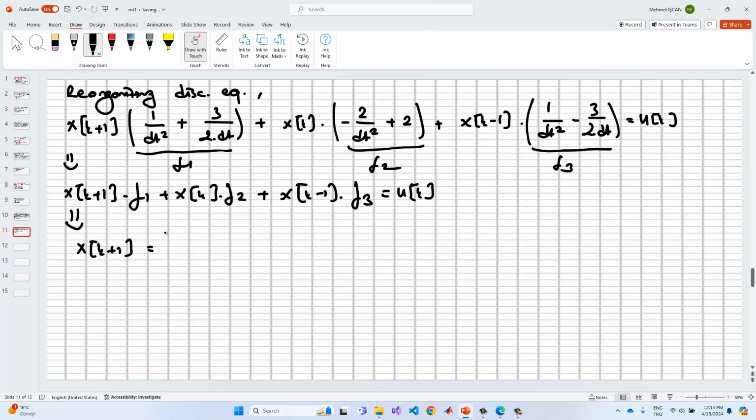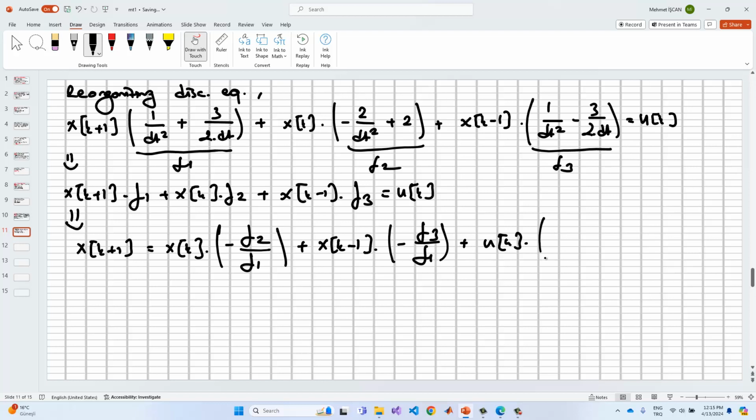Okay, and so xk times minus f2, because this goes to the right hand side, divided by f1, because the xk plus 1 multiplication with f1 is here. Okay, and plus xk minus 1 times minus f3 over f1, plus uk simply divided by the f1.